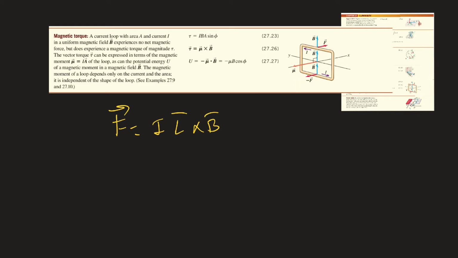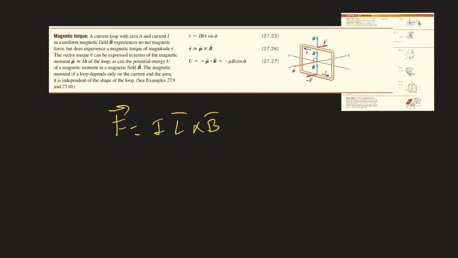So you have a pair of forces, and the sum of the forces is 0, so the object will not be accelerated anywhere, but it will have a torque, and it will rotate about an axis. Which axis will it rotate about? It will rotate in this direction, so it will rotate about the y-axis.